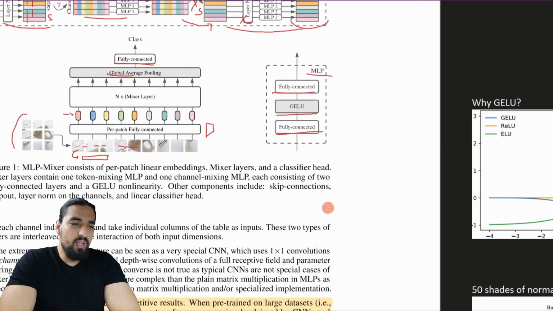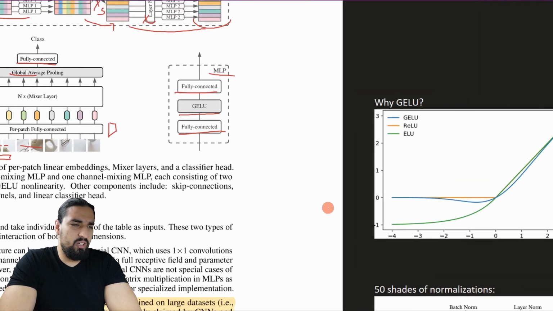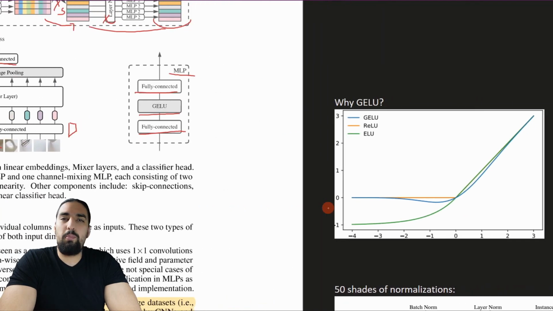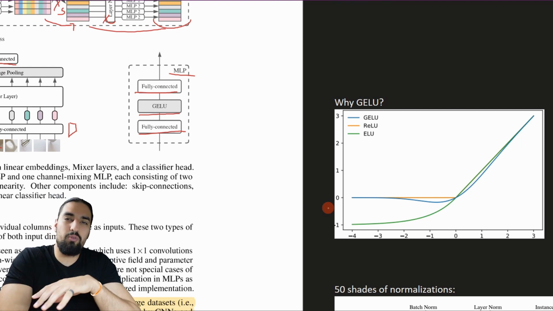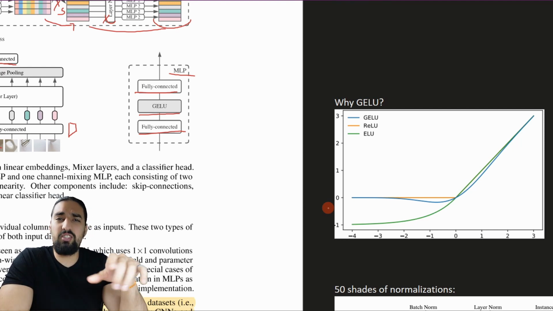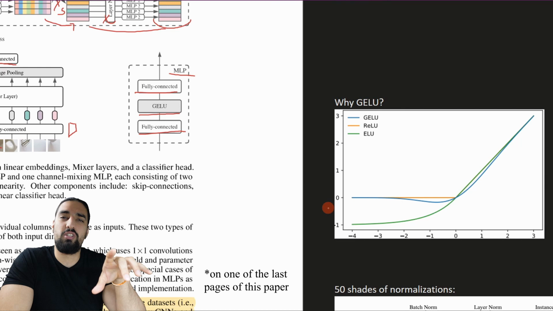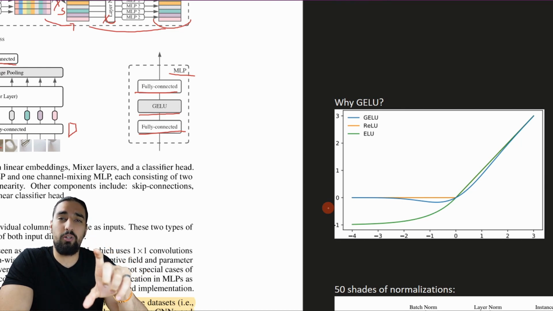Okay, maybe a small rant here. It's unclear from the paper why they're using GELUs, so it seems we keep using these exotic activation functions without having a good reason why. In their defense, in one of the last sections they do list the things they've tried and that didn't work, which is really great.